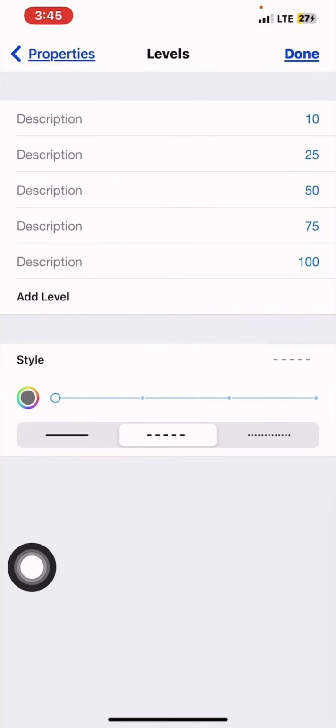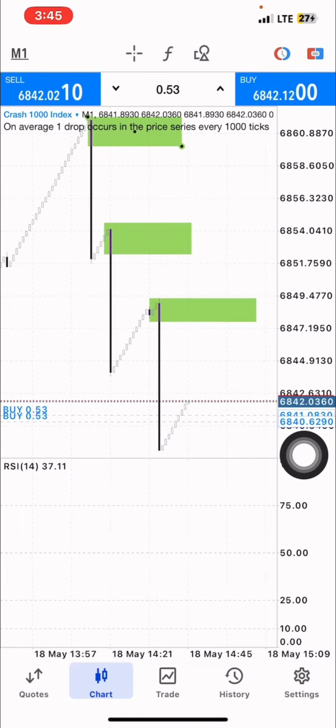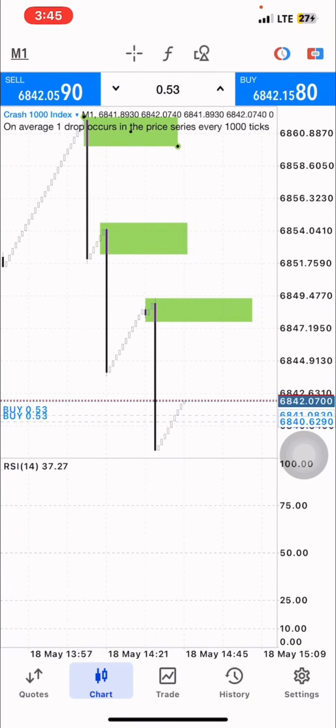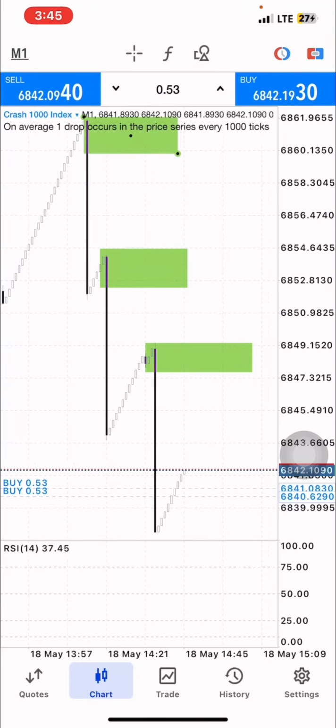You can use any pixel of your choice. So just use the same parameters you see here. Let me just adjust it a little bit. So now we have our RSI indicator here.